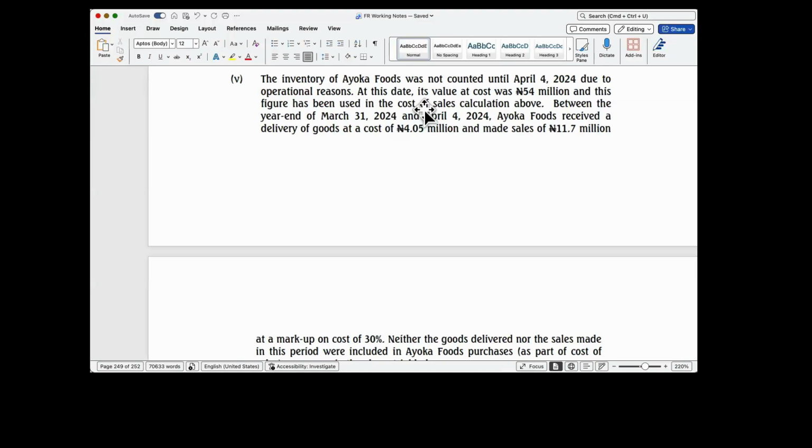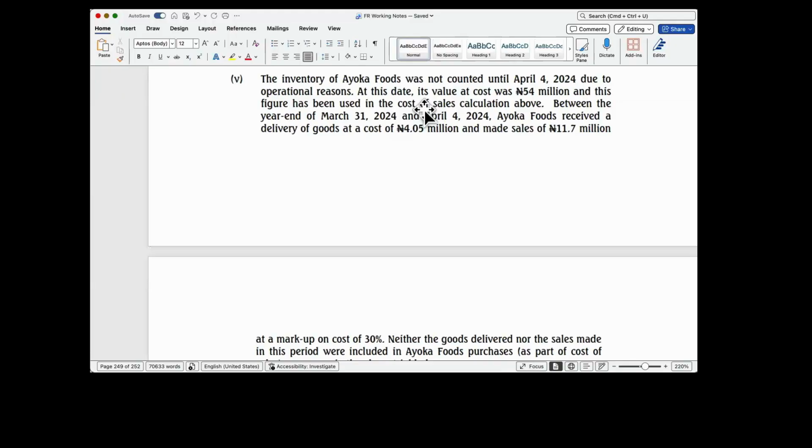And also, I have made sales of 11.7 million. That also means that I need to add that back. But this is where you need to be careful. What I'm adding to inventory cannot be this 11.7 million, because this 11.7 million is not the cost of the inventory.